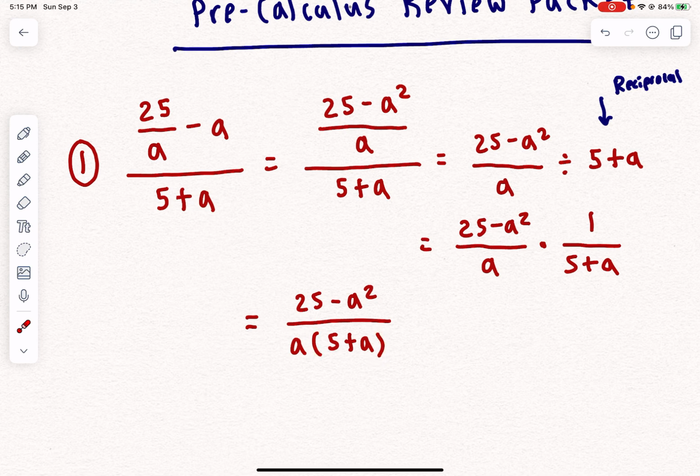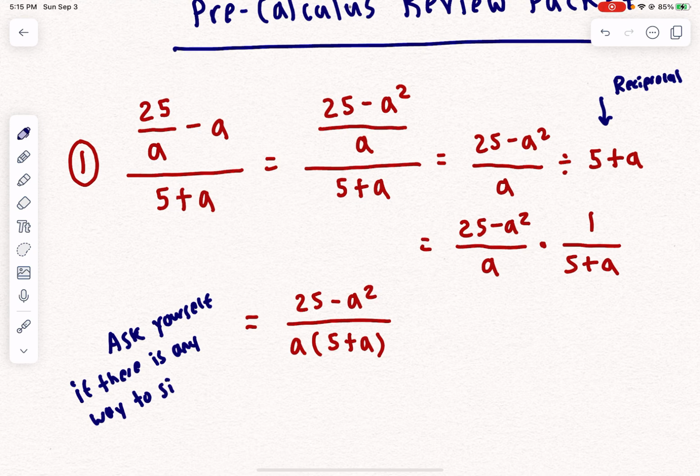And now, at this point, remember, in problem number 1, we started off with this, and now we're at this point. So at this point, you want to ask yourself if there is any way to simplify or factor this expression further.